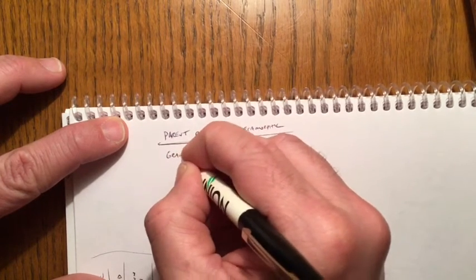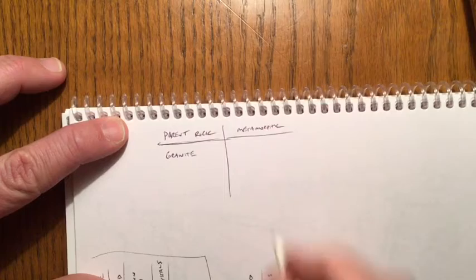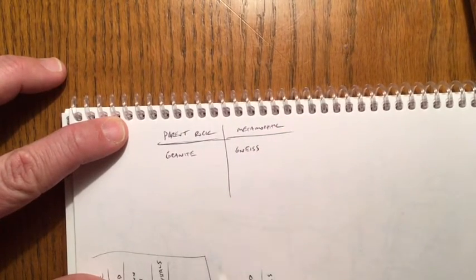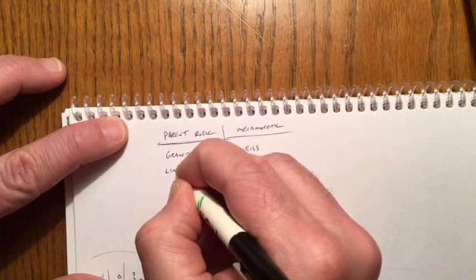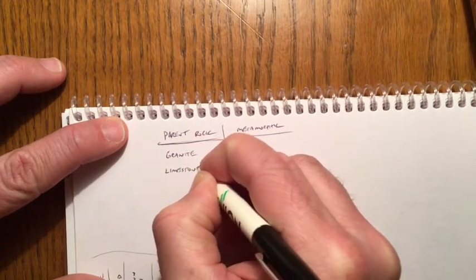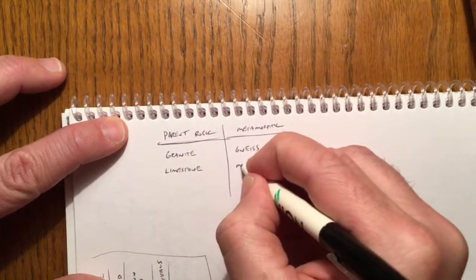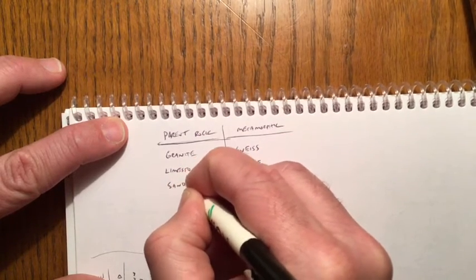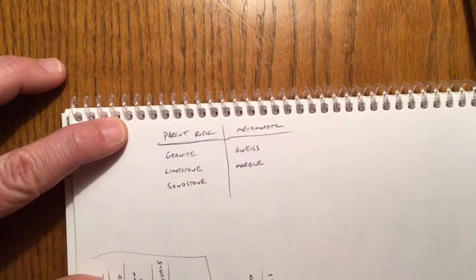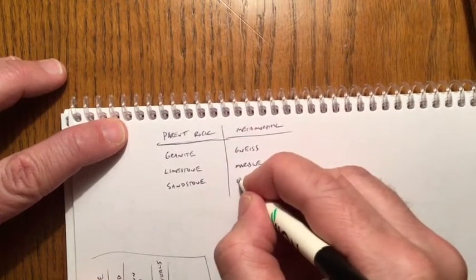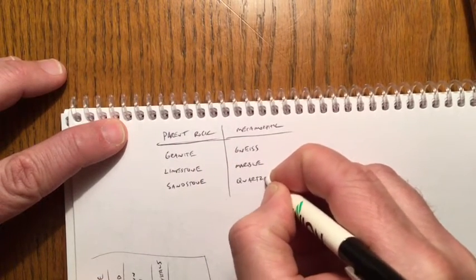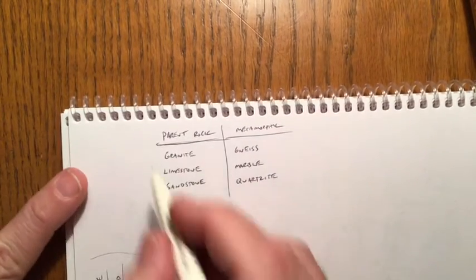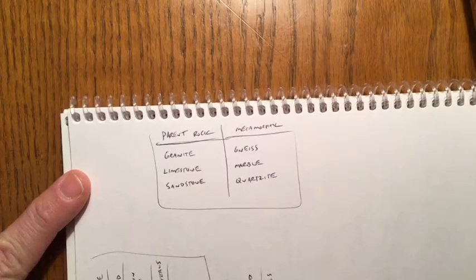So when granite is exposed to heat and pressure, it becomes gneiss. And when limestone is exposed to heat and pressure, it becomes marble. And when sandstone is exposed to heat and pressure, it becomes quartzite. So every metamorphic rock has a parent rock that it was beforehand.